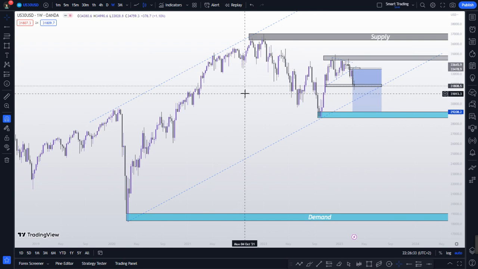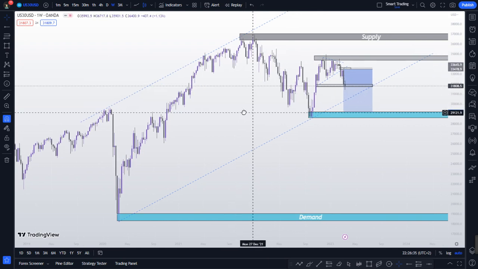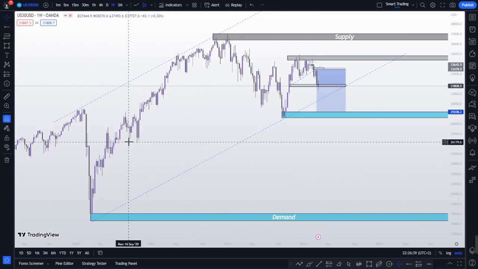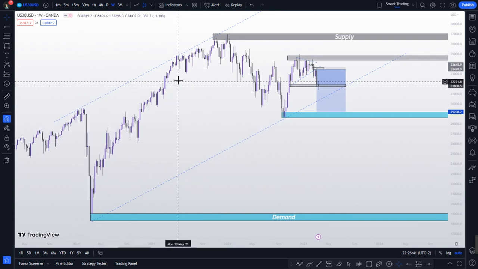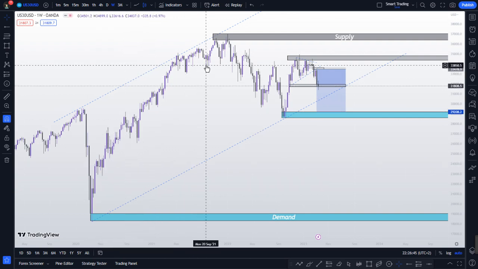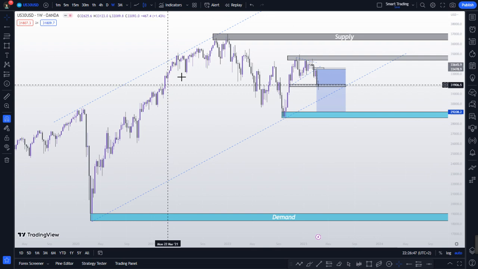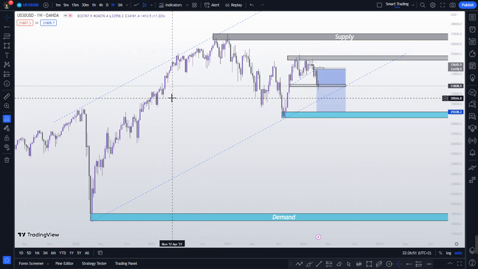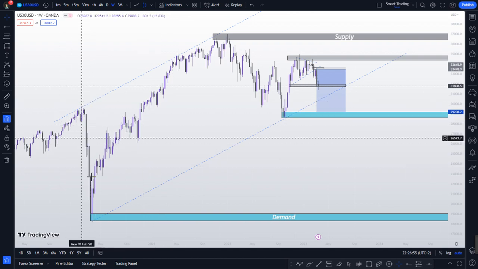So now that we got that out of the way, as you can see, we had this rising channel over here, and the price did go all the way up with some choppy market. We didn't see much of a candle, but if you jump to a lower time frame, you have spikes. But I'm talking about this, guys.